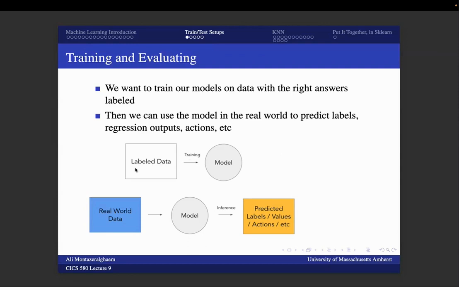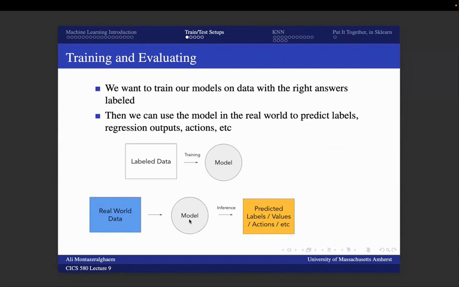So here I show that we have labeled data and use it to train the model. Then after training, we get some real-world data, and at inference time or test time, we need to use these models to predict, for example, in a regression model, a real value, or in classification, a label for the data point.